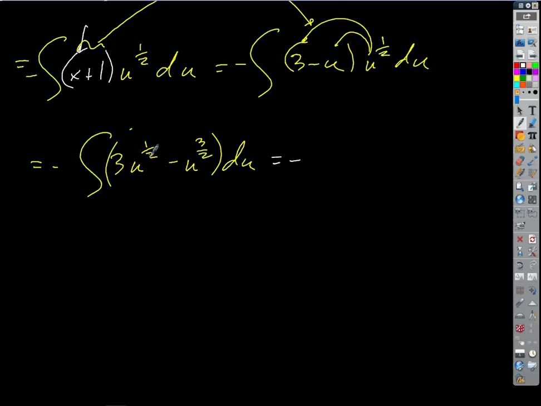Antiderivative of u to the 1/2 is what? u to the 3/2, 2/3 times. Okay, so I'm going to get 3 times 2/3 u to the 3/2, so those guys cancel, right? Now I've got that negative out in front. I got to leave that negative out in front, right? Minus, what's the antiderivative of u to the 3/2?